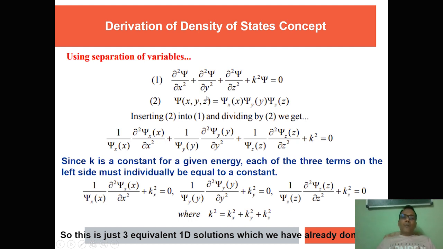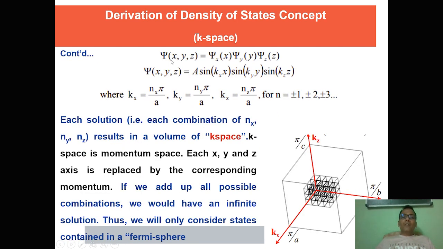By putting this in, these equations can be rewritten like this, and separately this can be compared with kx square, this with ky square, and this with kz square, where k square is equal to kx square plus ky square plus kz square. So this is the simple methodology used in solving differential equations. Now psi xyz can be written as: this is for the x-axis, this is for the y-axis, and this is for the z-axis solution.